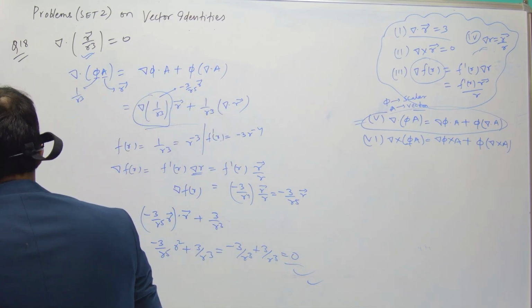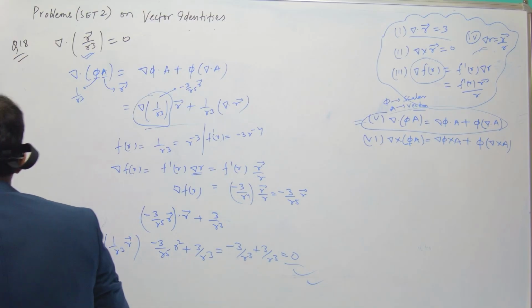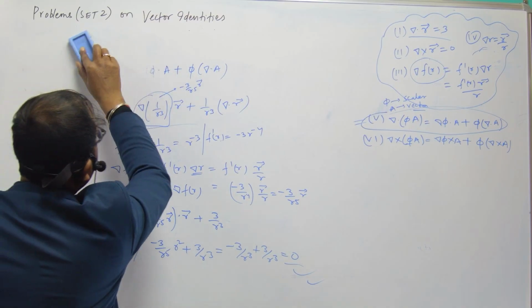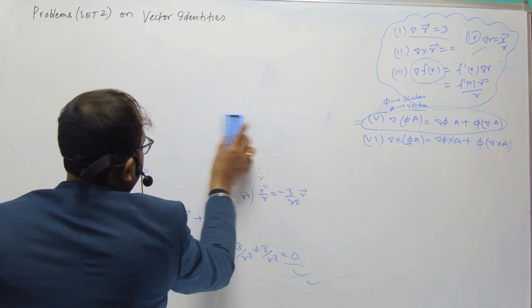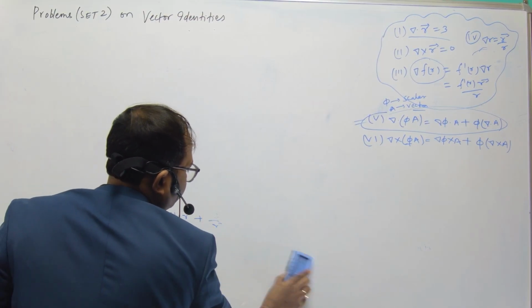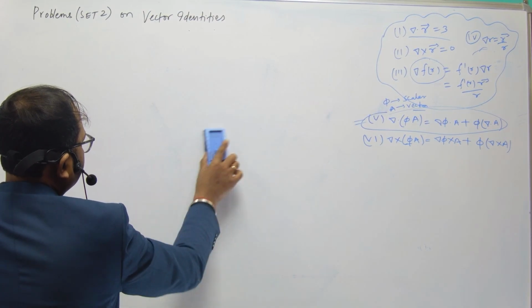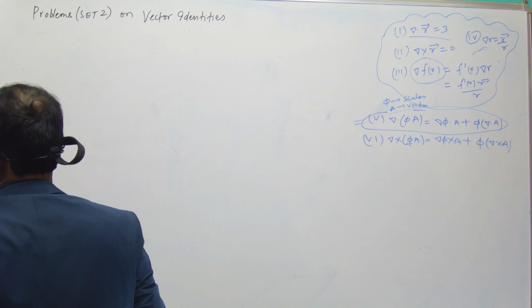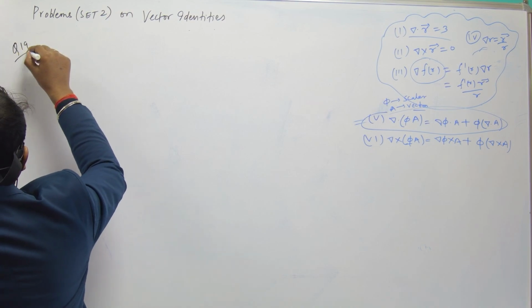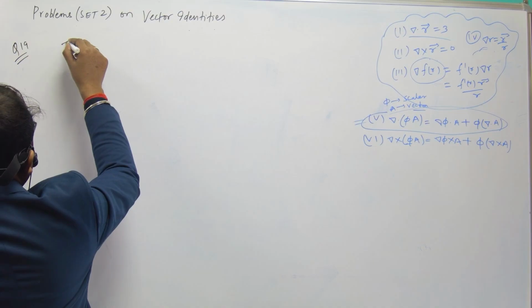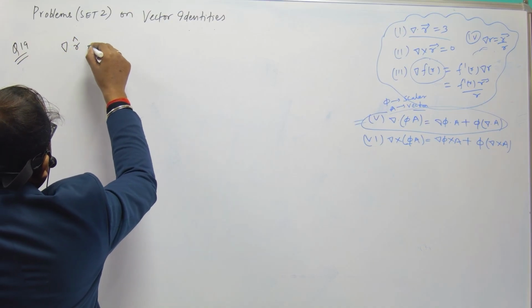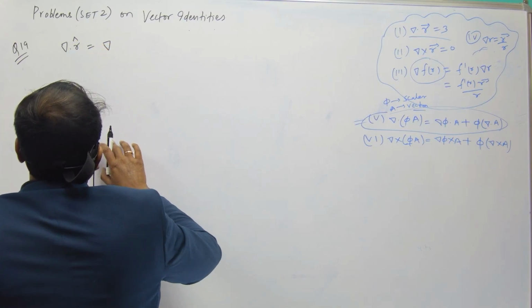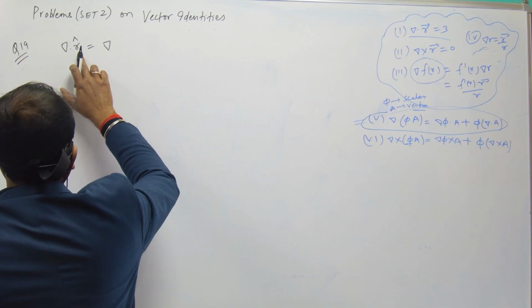Now let us discuss question number 19. We have to prove that the divergence of r vector by r, that is r cap, equals del dot the unit vector r.